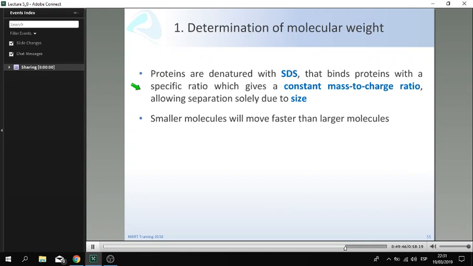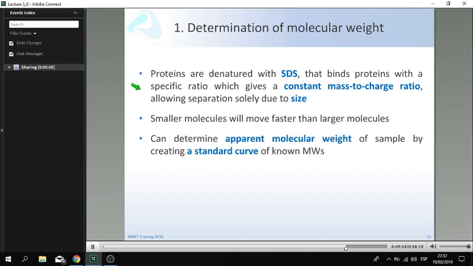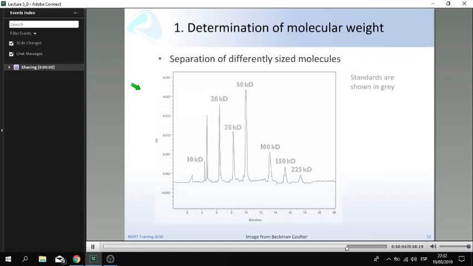For the determination of molecular weight, you denature your protein with SDS and separate it based on size. Of course, as we said, smaller molecules move faster than larger ones. Then you can determine the apparent molecular weight of the sample by creating a standard curve of known molecular weights. For example, you inject all of your standards and see what their migration times are.